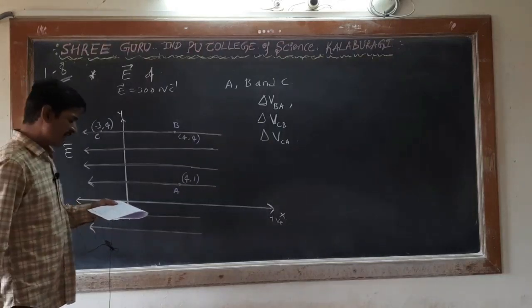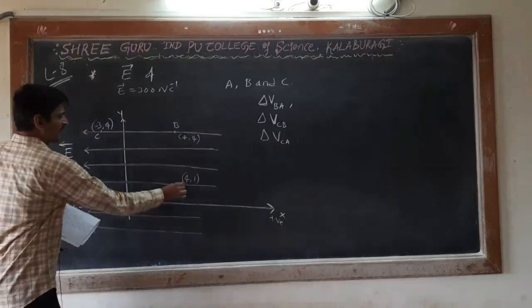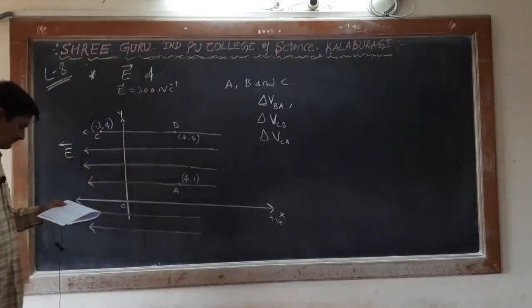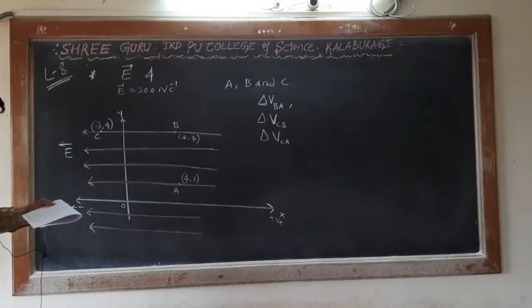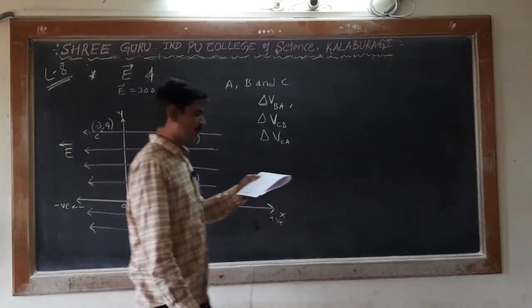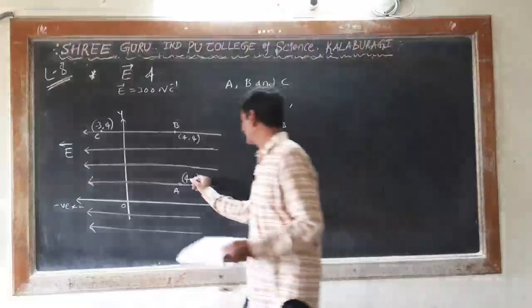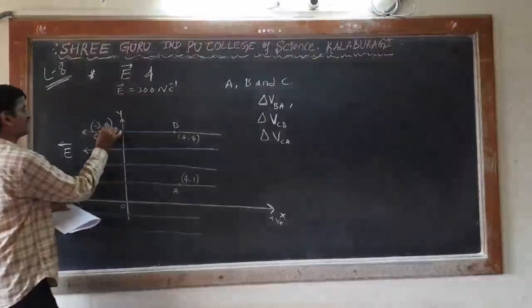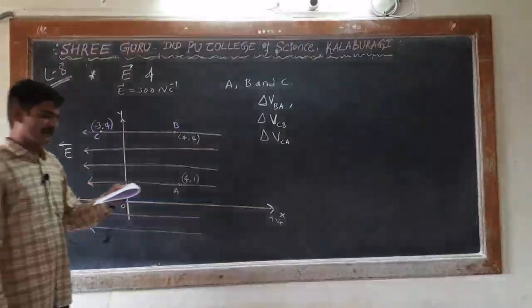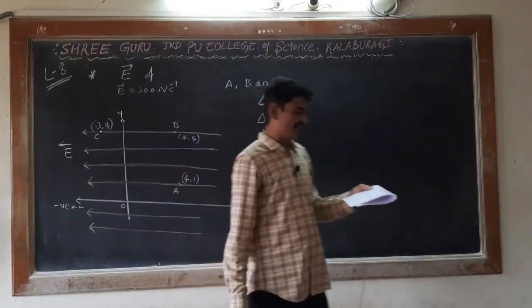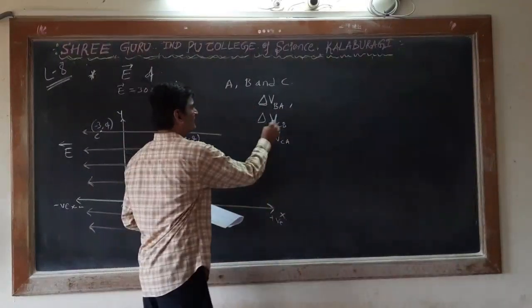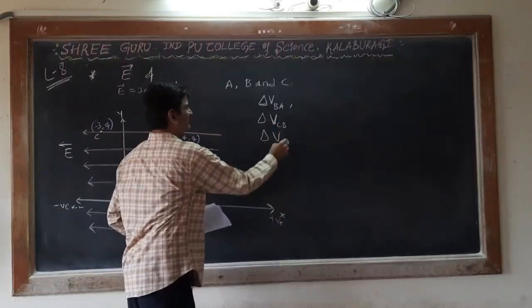A, B and C are 3 points in the field having x and y coordinates in meter as shown in figure. Find the potential differences delta VBA, delta VCB and delta VCA.